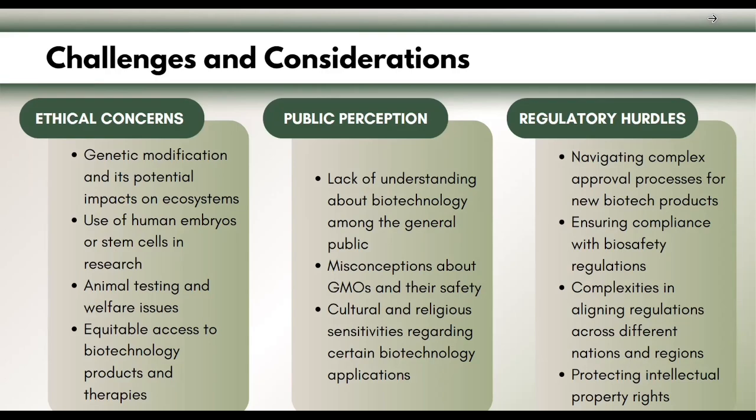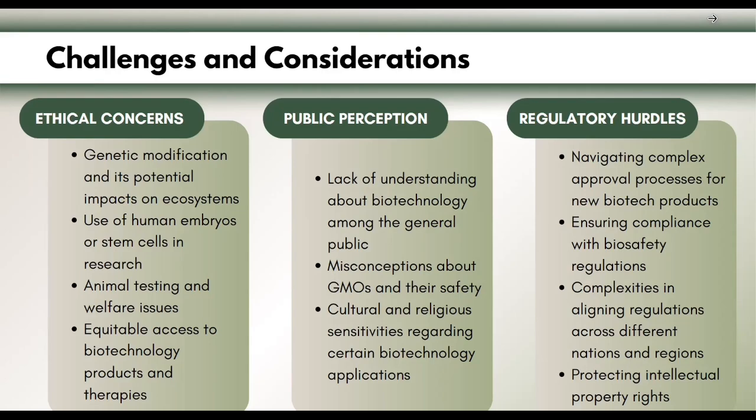And then stem cell research. There are ethical questions surrounding the use of human embryonic stem cells, which may vary significantly by culture and region. These include debates about the moral status of the embryos, the ethics of creating embryos for research, and concern about the commercialization of human tissues.